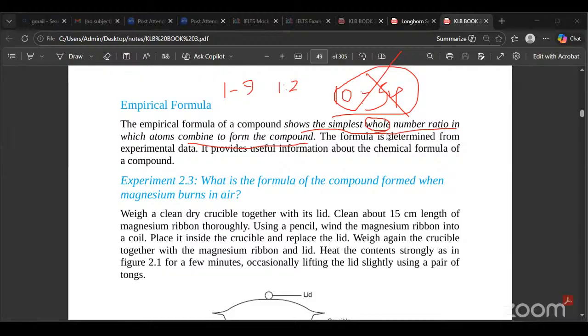So, the formula is determined from experimental data. Now, this experiment is to find what is formed when we burn magnesium in air. The good thing about this one is that you know the formula is magnesium, solid.